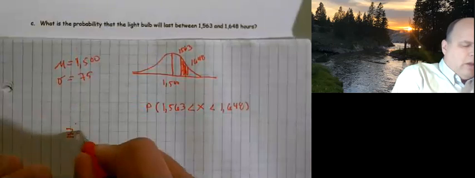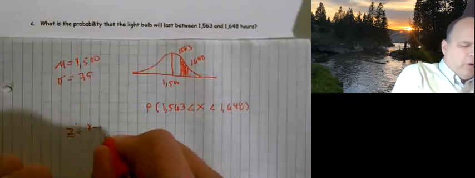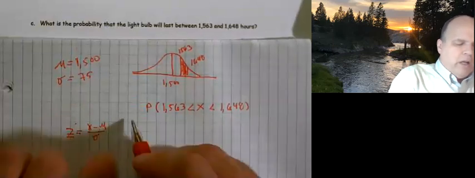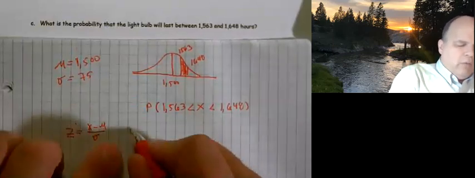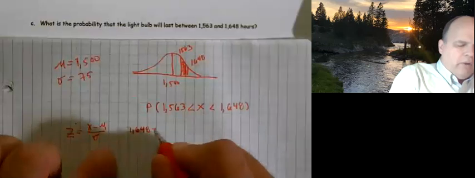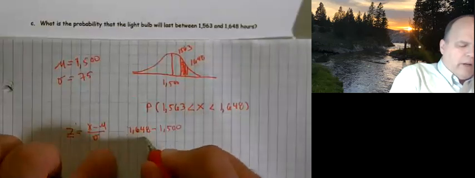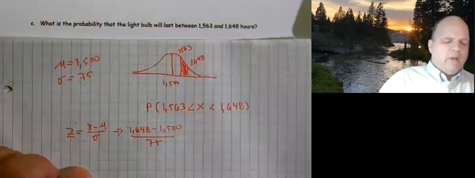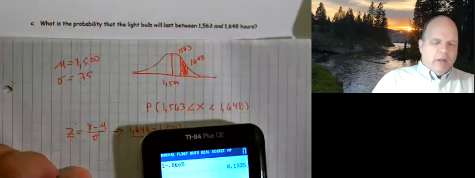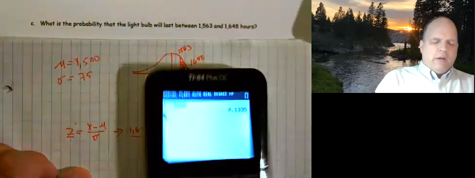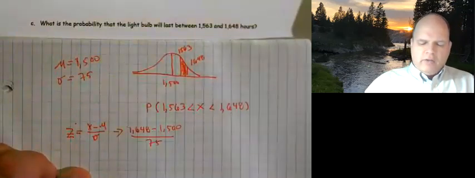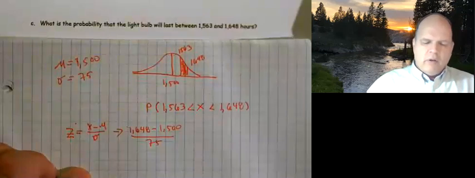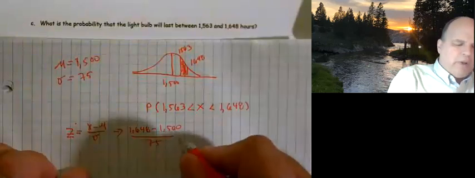z equals x minus mu over sigma. We know that, so I'm going to plug in. I get 1,648 minus 1,500 divided by 75, which equals about 1.97.